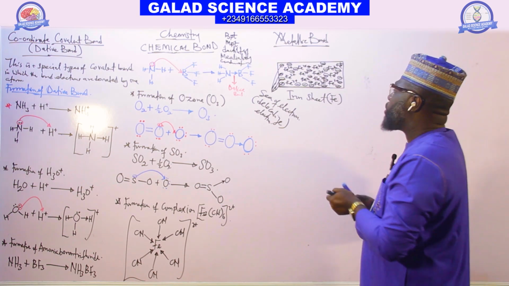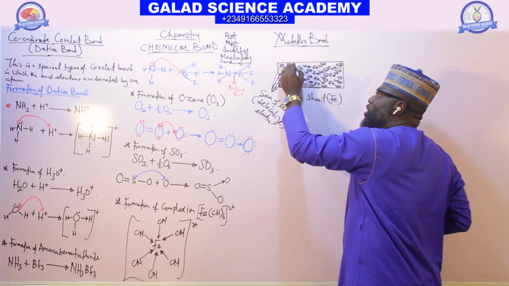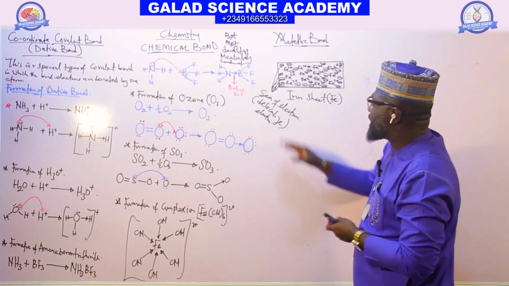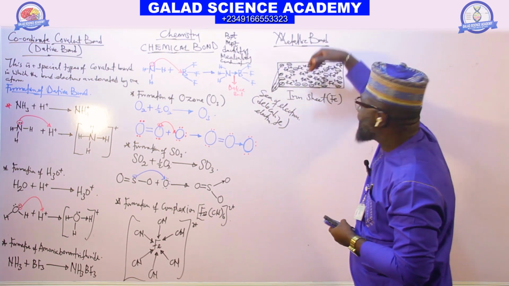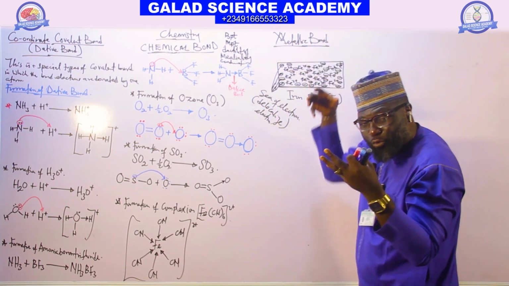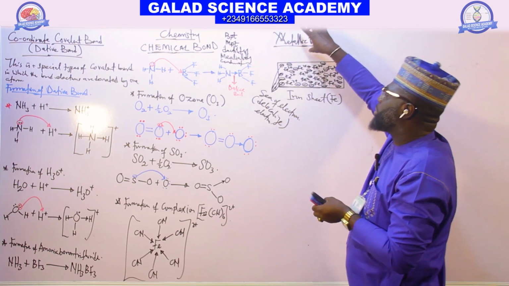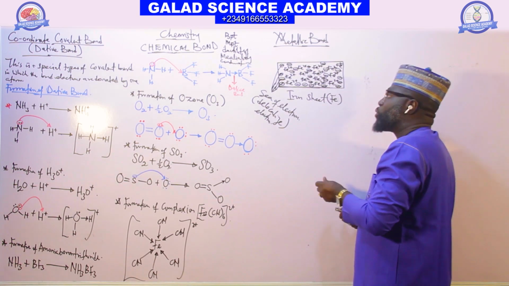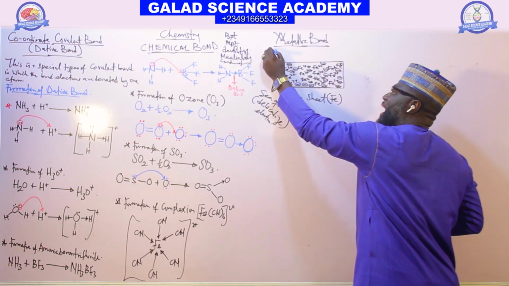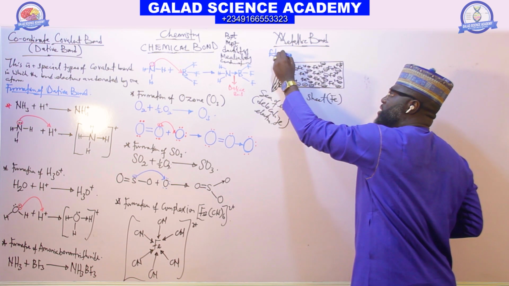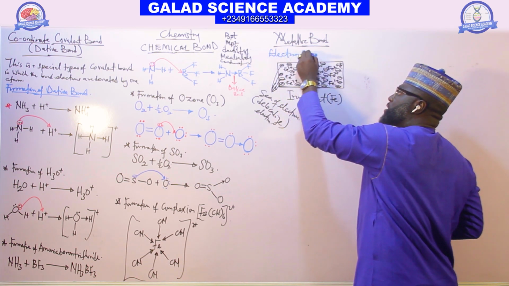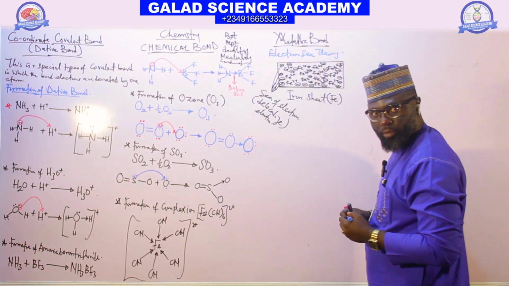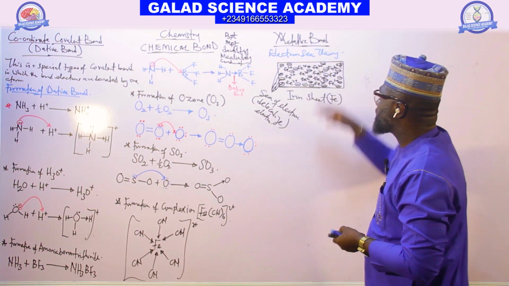So there is an electrostatic force of attraction which exists between this sea of electrons and the metal ions. That force of attraction is what we call the metallic bond, and the force of attraction is explained by the electron sea theory.